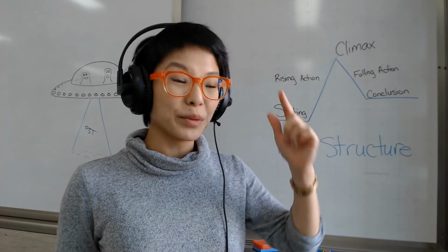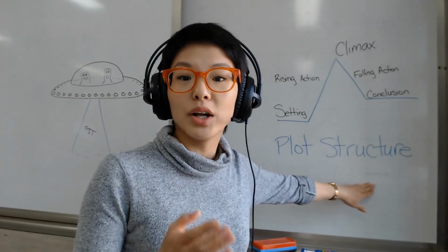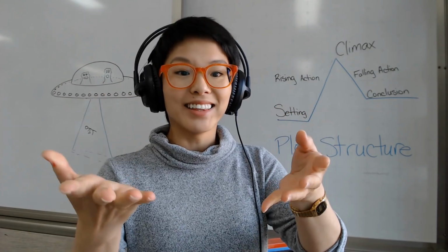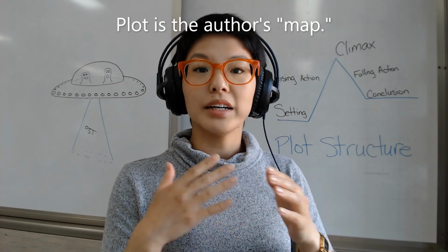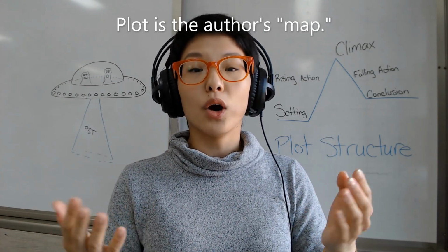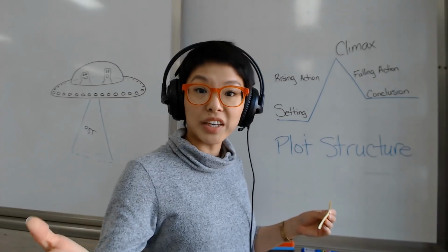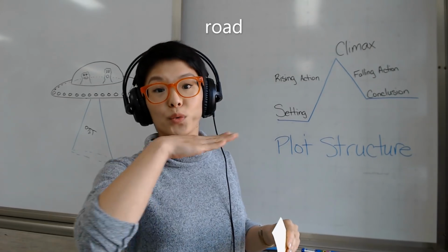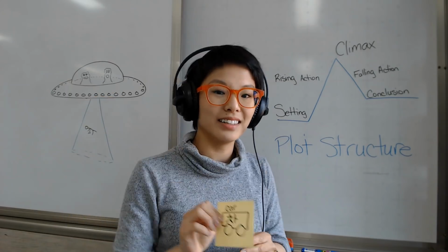Do you remember this? This is the plot structure we will use when you write a story. This is important because the plot is the author's map. It tells the author where to go in the story. Think of this line as a road, and we are in a car.